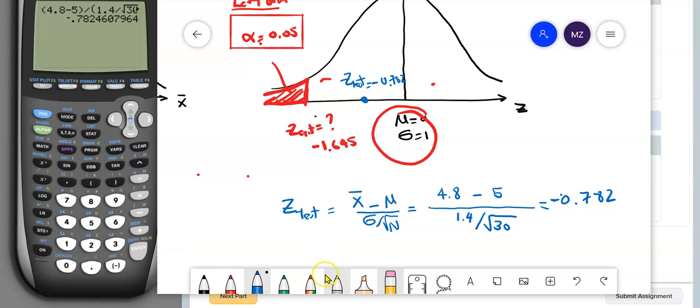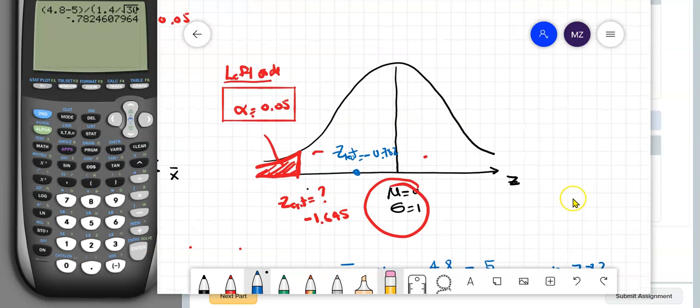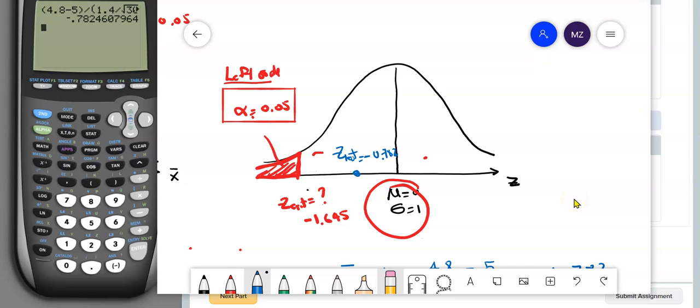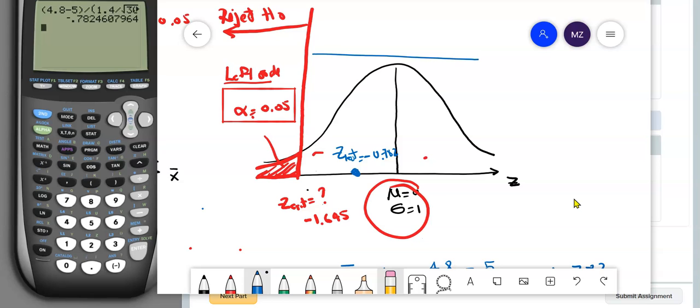Now, how am I going to make a decision? The way to make a decision is, again, the z critical is the separation here from the reject zone. This is your reject zone. If you do not reject, it will be the acceptance zone, and this is where the z test happened. So obviously this is the do not reject zone.